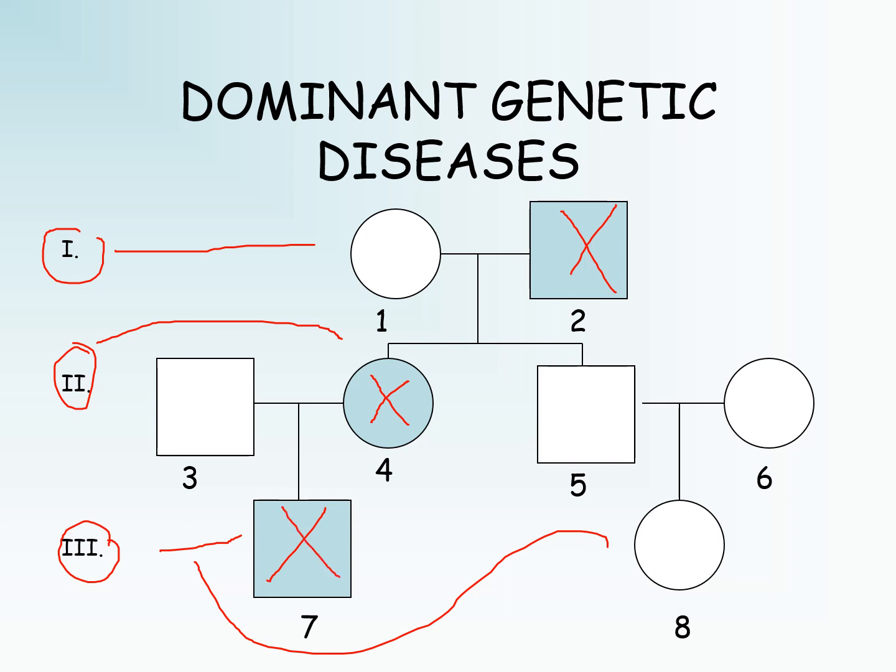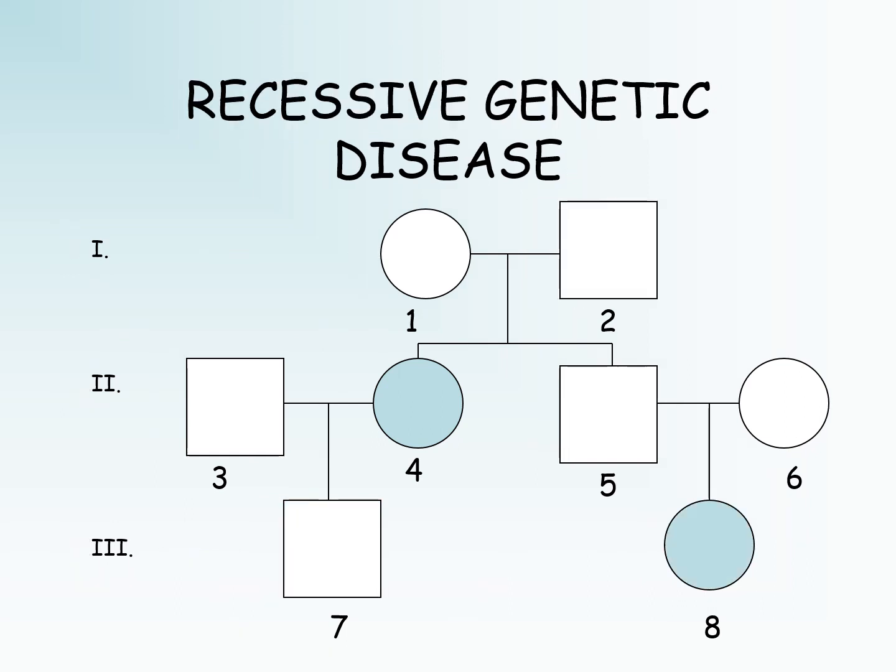So you can see in this case, it's a dominant genetic disease because it's appearing in every generation, and to get that dominant genetic disease, you have to have at least 1 parent having the disease. So that's a dominant genetic disease.